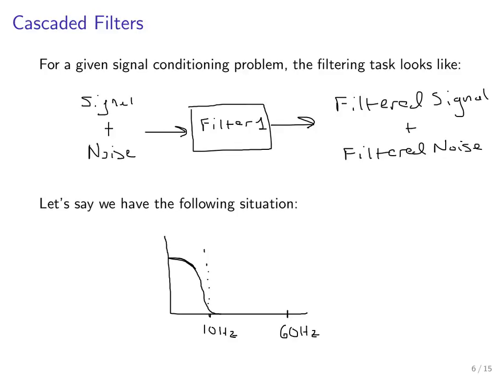Right, so if we actually were to plot these two signals in the frequency domain, the signal and the noise are nicely separated, which is why we can hope to filter them out.